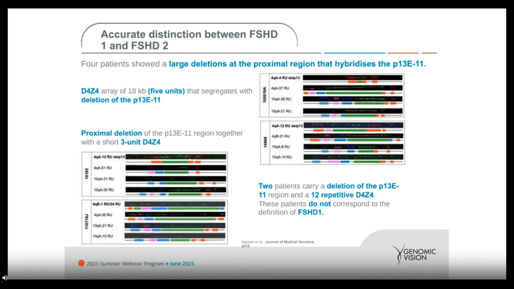In this case, again, molecular combing and GMC analysis is a great technology to refine and give a precise analysis and help physicians better classify patients for FSHD1 or FSHD2.